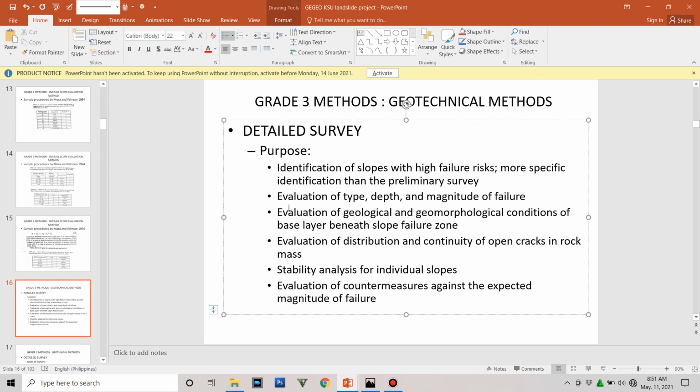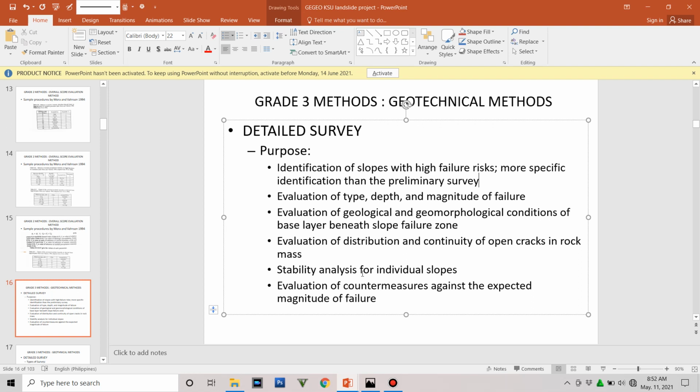Then the evaluation of type, depth, and magnitude of failure. Evaluation of geological and geomorphological conditions of the base layer beneath the slope failure zone. And then the evaluation of distribution and continuity of the open cracks in rock mass. Then the stability analysis for individual slopes.